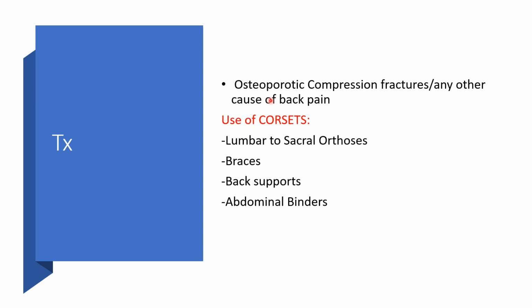In case of osteoporotic compression fractures, or even any other causes of lower back pain, you can embark on the use of supports. So, like lumbar to sacral orthosis, some will put it as lumbosacral orthosis. You can embark on that, on braces, back supports, and abdominal binders.